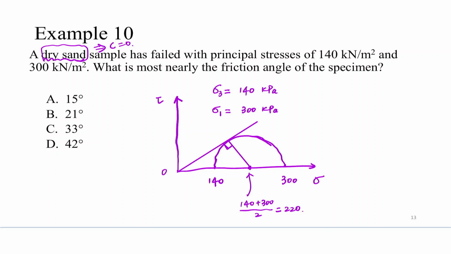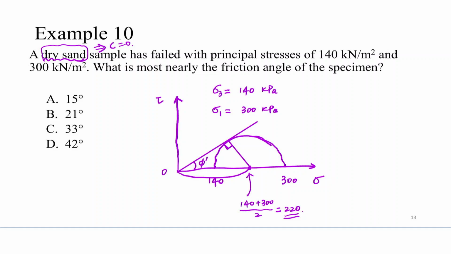So now the question is, what is the friction angle? Basically now this whole question becomes a very simple trigonometry problem, right? And we already know the length of this is 220.